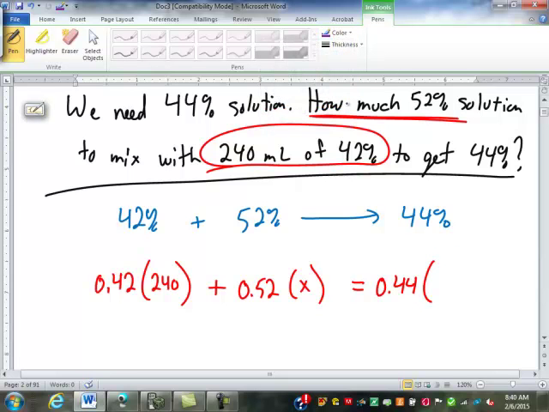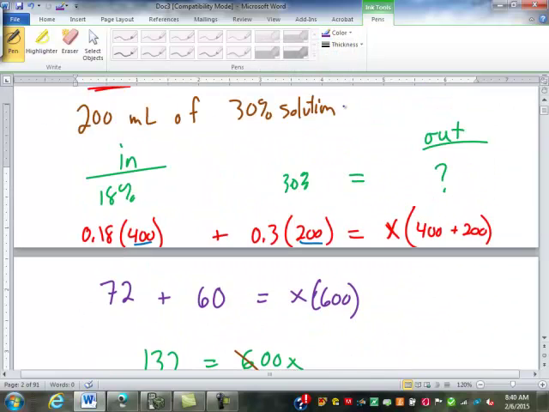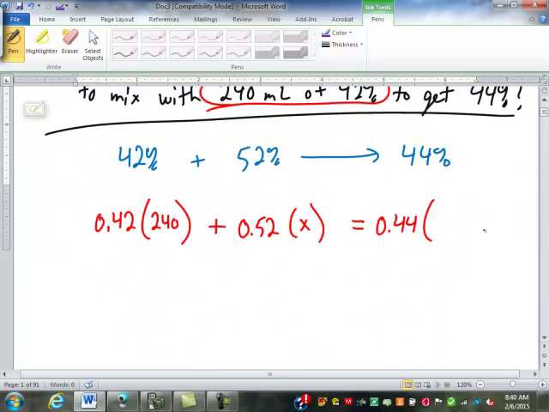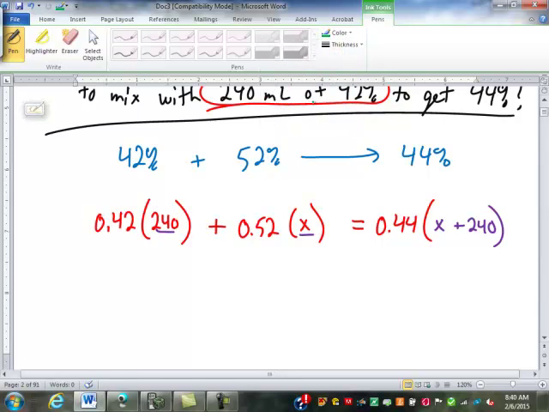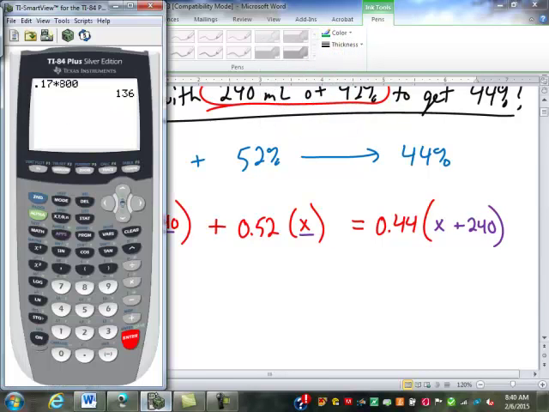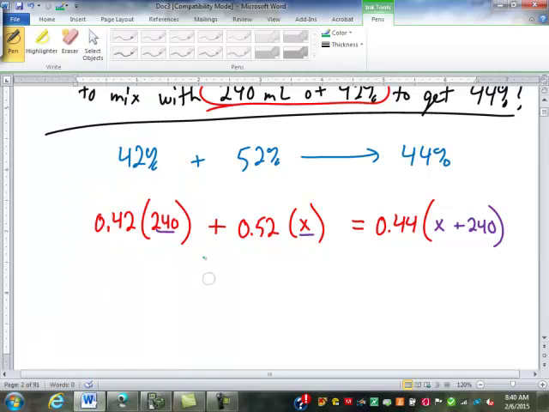Well, there we go. Yeah, just like in the equation up here, we had to do 400 plus 200 to get that amount. Same thing here. 240 plus x, or x plus 240, however you want to write it. So now it's a matter of simplifying the equation. We have 0.42 times 240 gives us 100.8 milliliters in that one. 0.52 times x is just 0.52x.